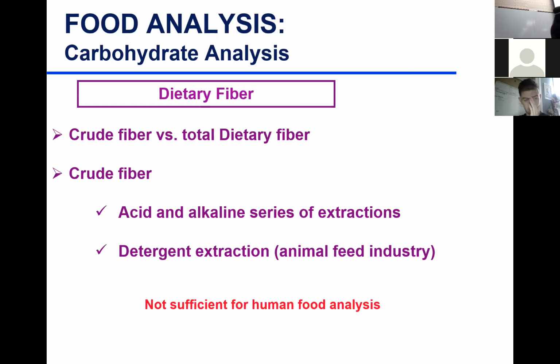So you reflux the sample, and everything gets digested except your cellulose and lignin. These will precipitate, you can remove the supernatant, and you can quantitate the cellulose and lignin. But again, there is no hemicellulose, no pectins, no hydrocolloids, they're all going to be hydrolyzed.